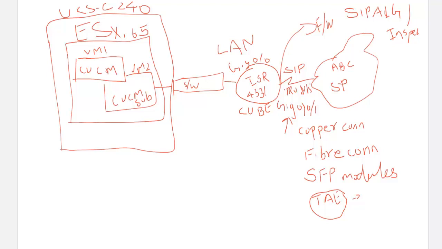Or it could be that the provider has an RJ11 cable or something, so if it's an ADSL or DSL connection from your service provider, then you would need something called a dialer interface, and that dialer interface needs to be connected on the network interface module.